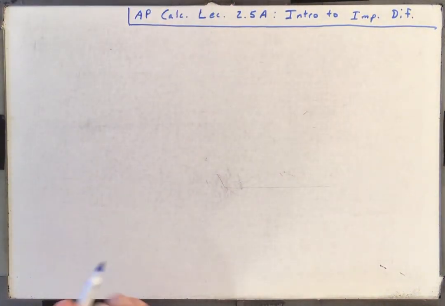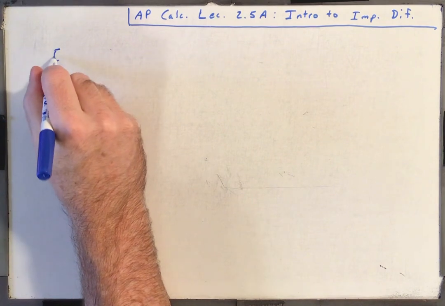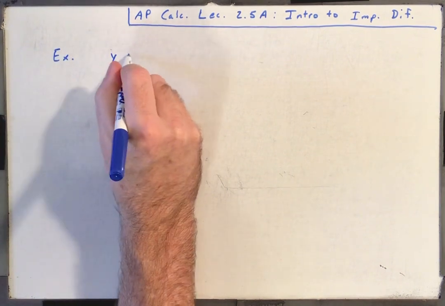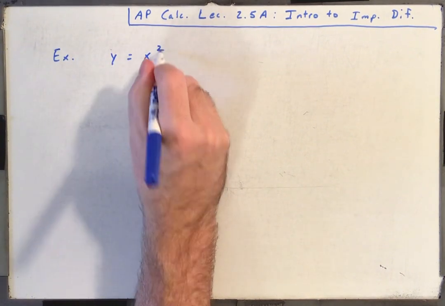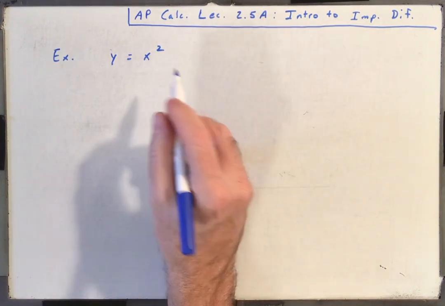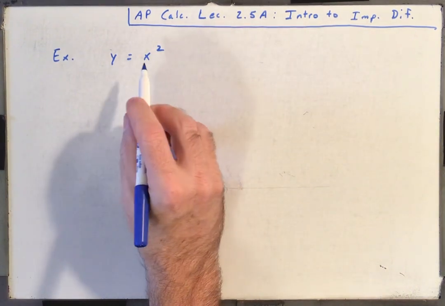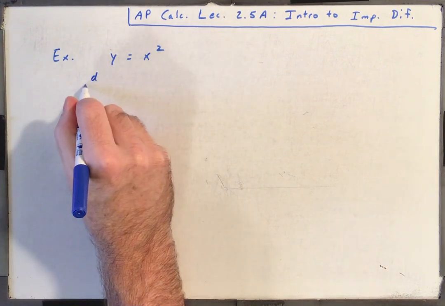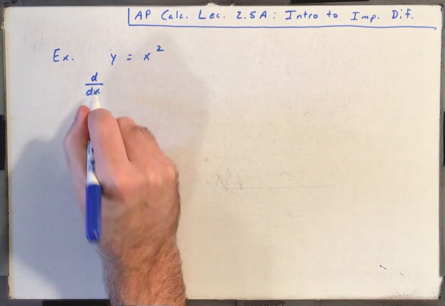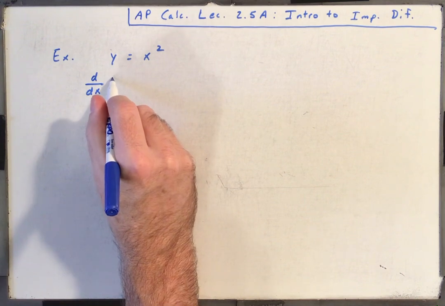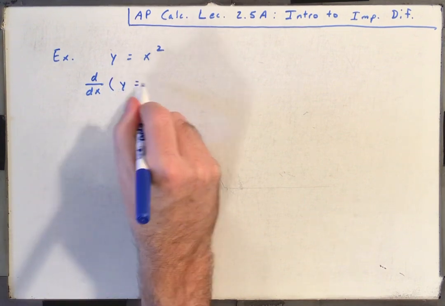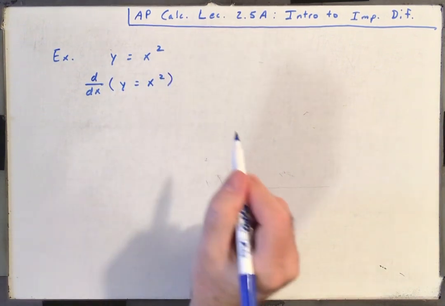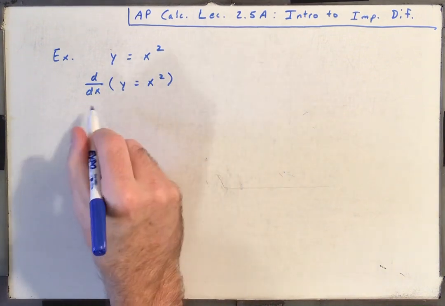It says differentiate y is equal to x squared. So this time I'm going to do it with this intermediate step involved. I'm going to take the derivative of this whole function with respect to x. Now I'm doing this the long way.